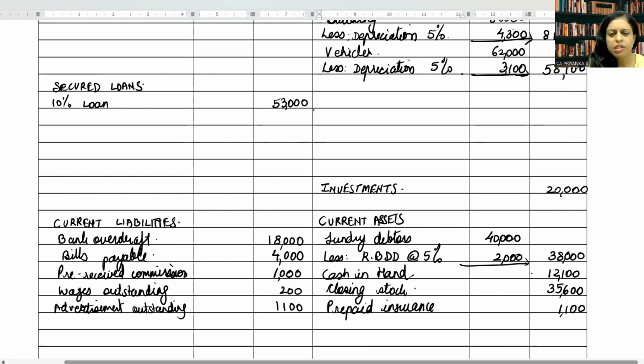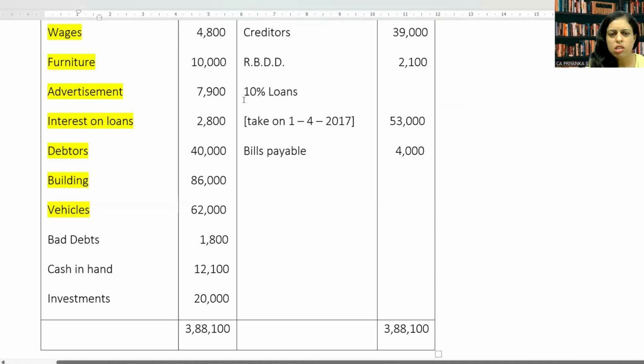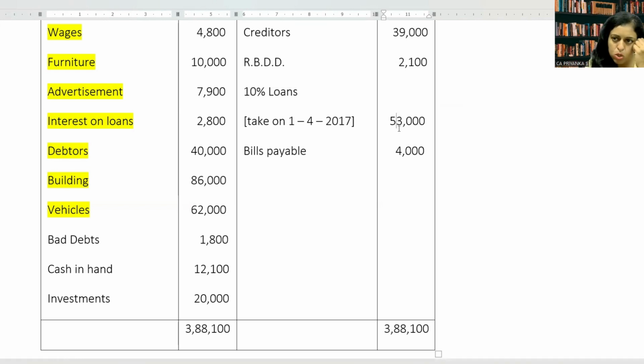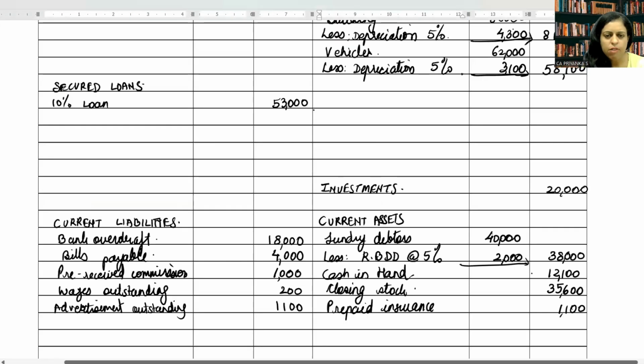Only one, interest, is remaining now. What was the amount of loan that is taken? It is 53,000. On this, you're providing 10% interest, which you're supposed to pay. So 5,300 was the interest that is supposed to be paid. But how much have you paid? You have paid only 2,800. So the remainder amount will be your outstanding value.